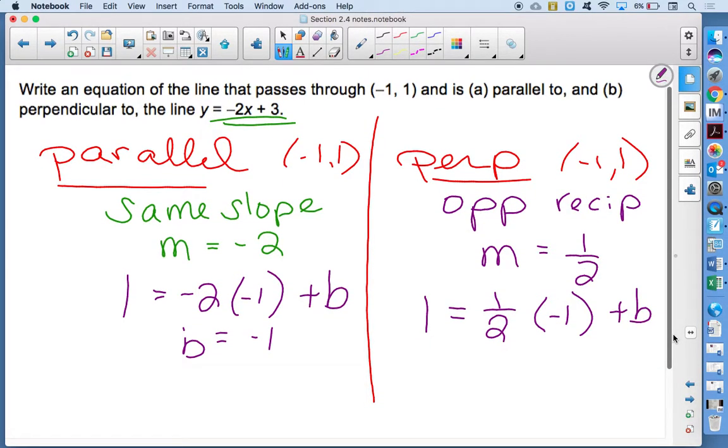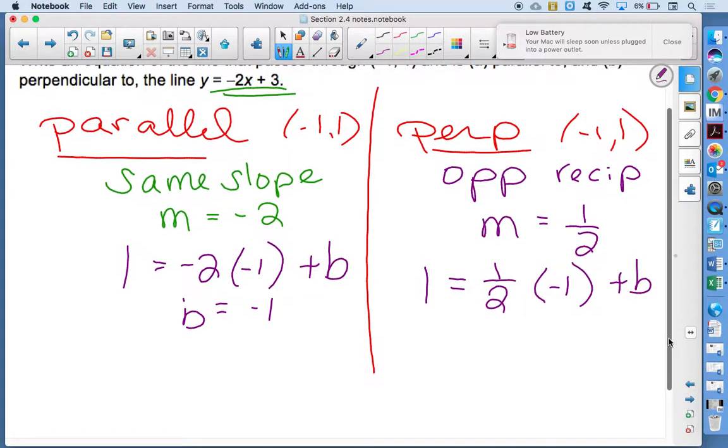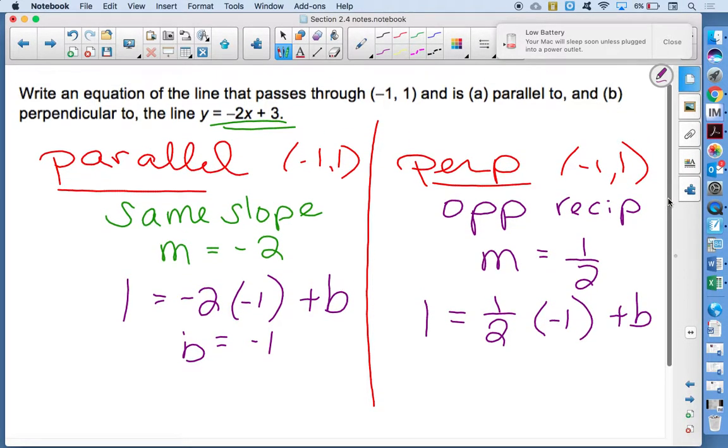So the only thing that's changing in these two is just the slope, because I'm either finding a perpendicular line, which is the 1/2, or a parallel line, which is negative 2. It has to be opposite, so currently this is negative, so this has to be a positive 1/2, and then I have to flip it. So this slope ends up being 3/2. I'm sorry, b value is 3/2.